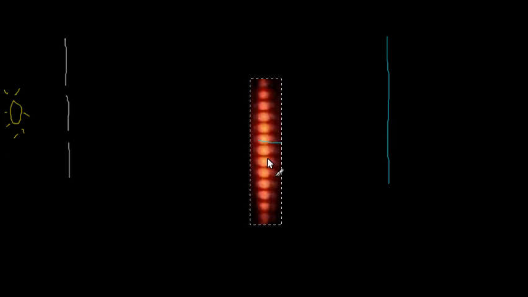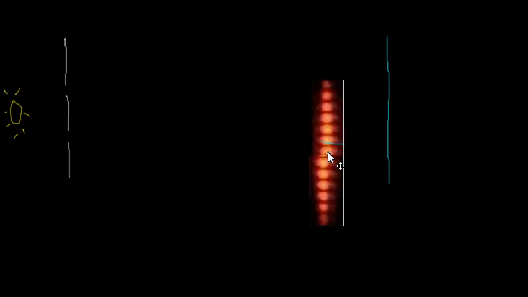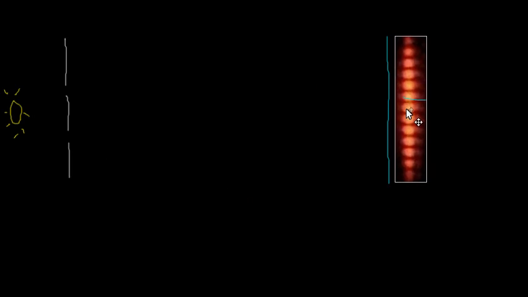Okay, what was seen was a pattern that looks like this at the screen. A bright and dark series of patterns, right? Bright, dark, bright, dark, bright, dark, and so on.